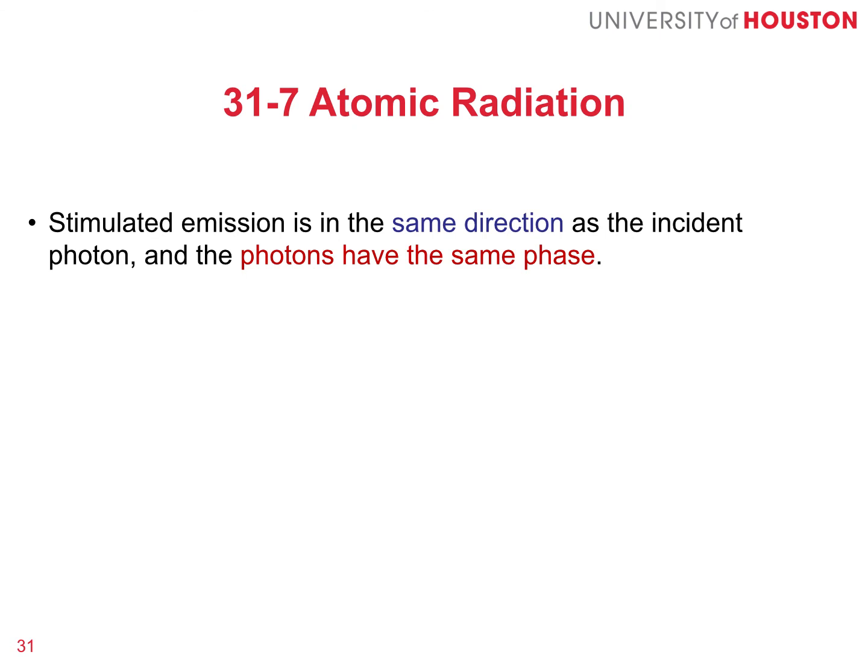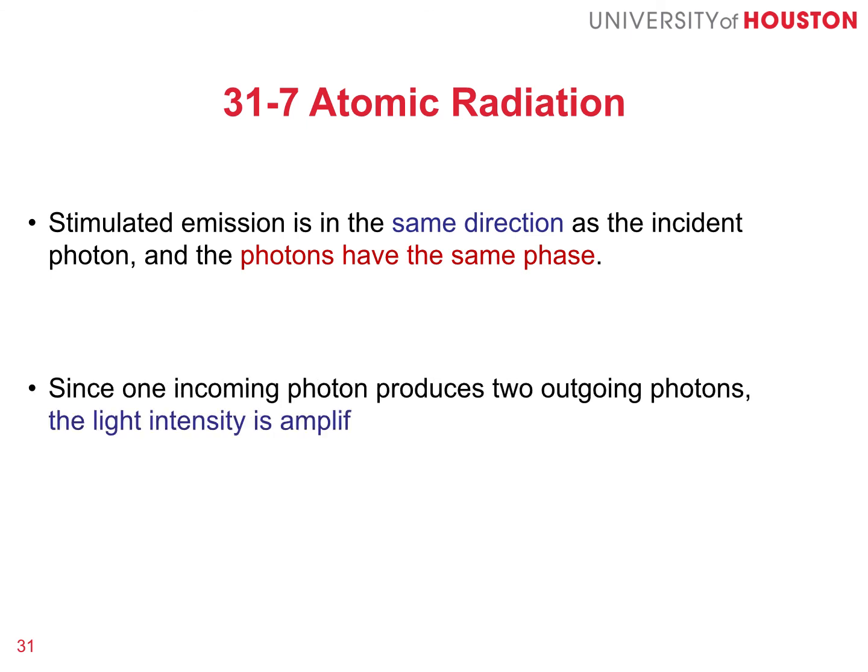The stimulated emission is in the same direction as the incident photon, and it also turns out that these photons will also have the same phase. Once one incoming photon produces two outgoing photons, this is how we essentially amplify the light intensity.